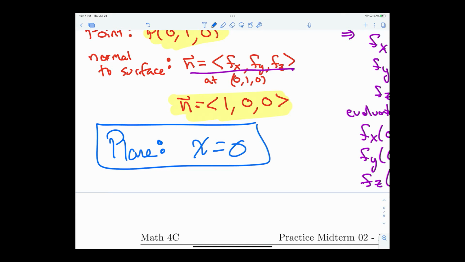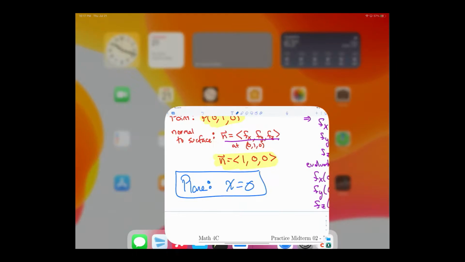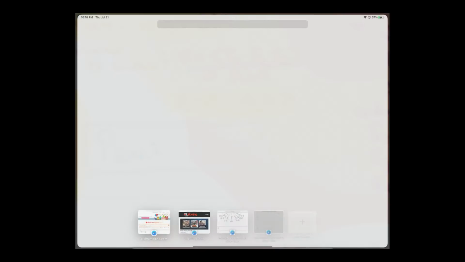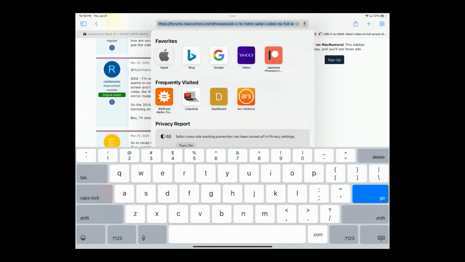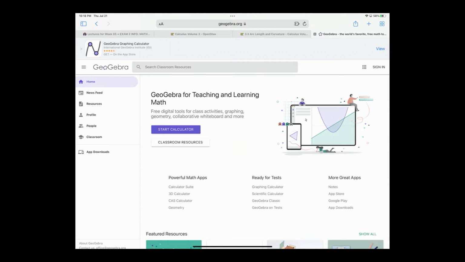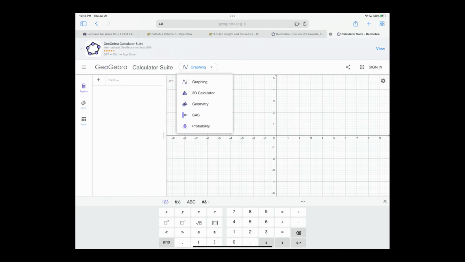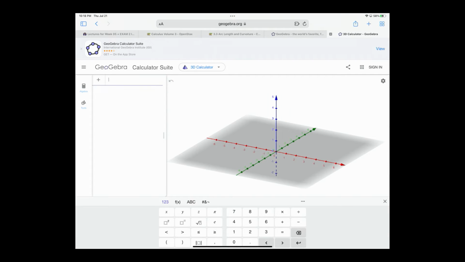Now let's see if that makes sense. Hopefully it does, but we will look. Trying to think if this will work okay. GeoGebra, start calculator, 3D calculator.